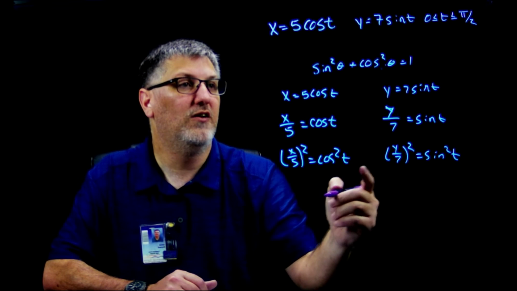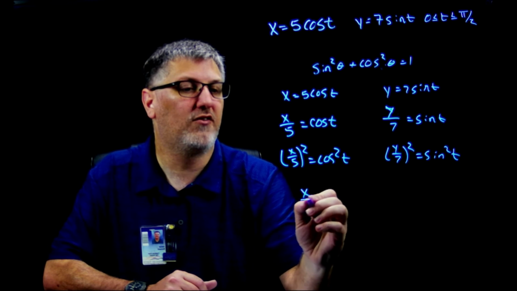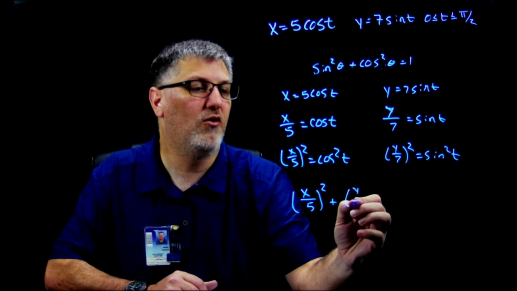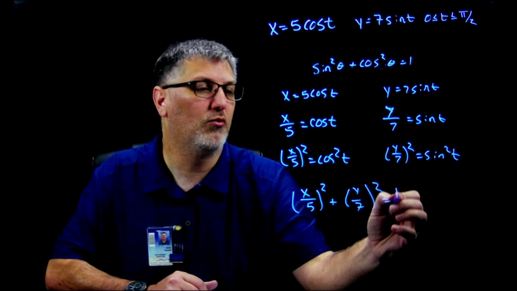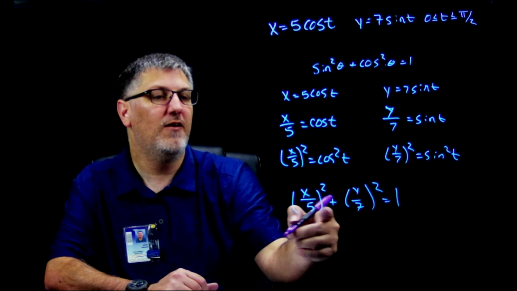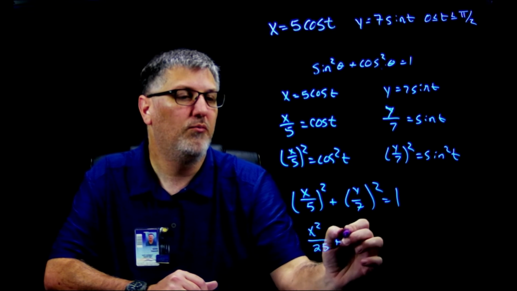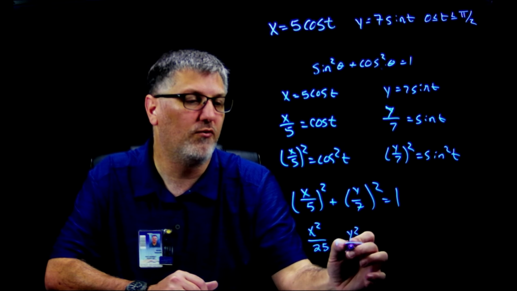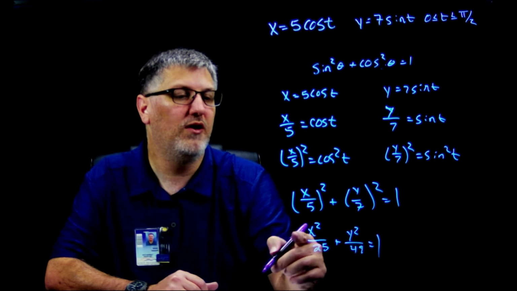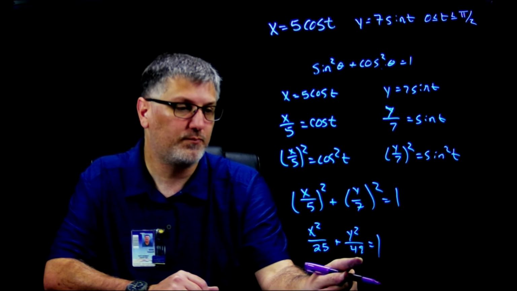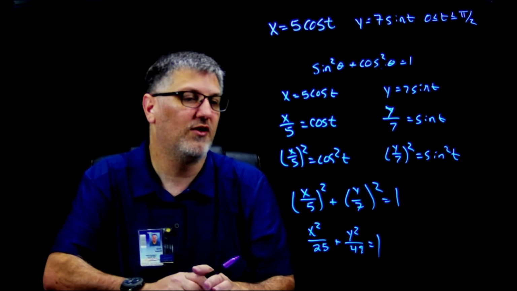So I can say x over 5 squared plus y over 7 squared equals 1. This is the Pythagorean identity. Now I can clean this up and say x squared over 25 plus y squared over 49 equals 1. And there is my ellipse with my major axis along the y-axis, or parallel to the y-axis.